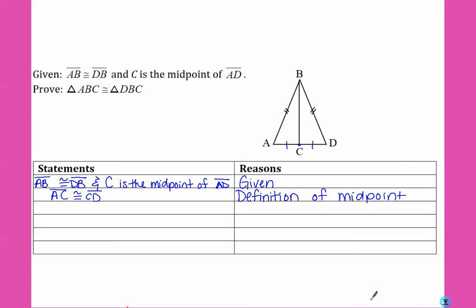Now, what else in this picture do we know that might be congruent? Well, both triangles share the side BC, so we also know that BC is congruent to BC. And what helps us determine that? That's our reflexive property again.